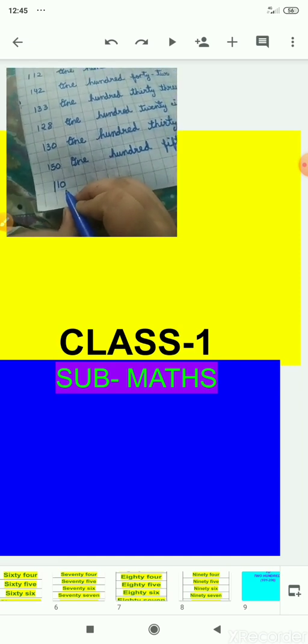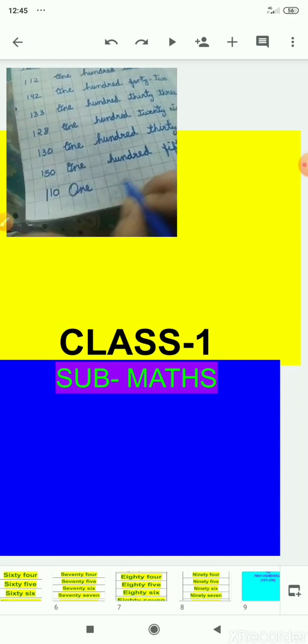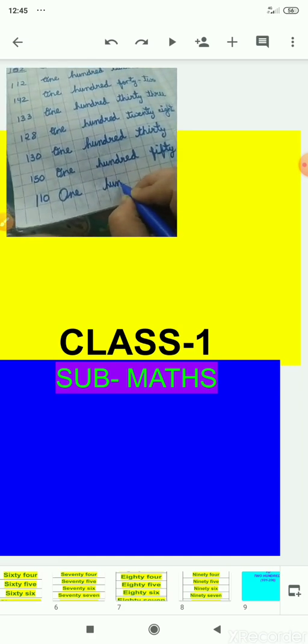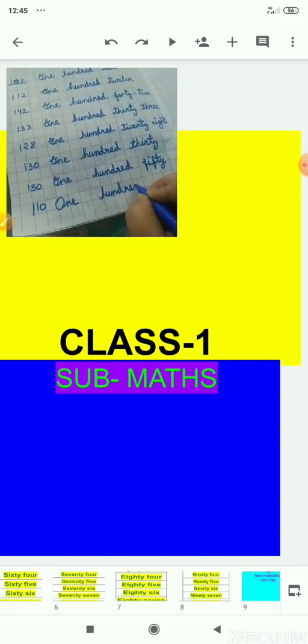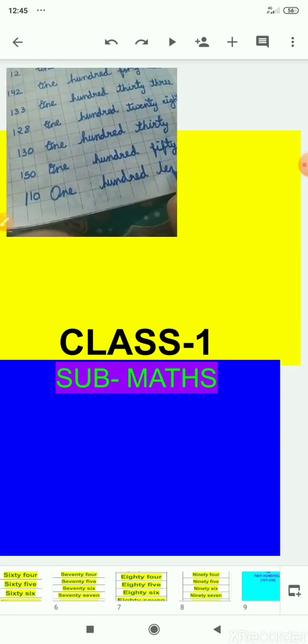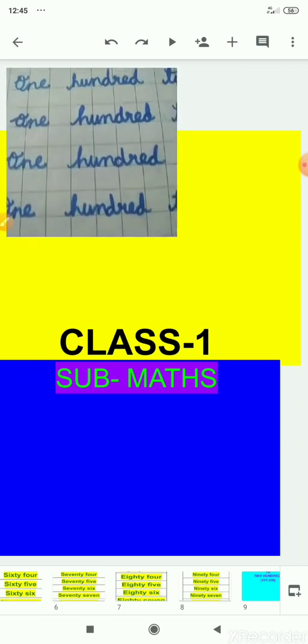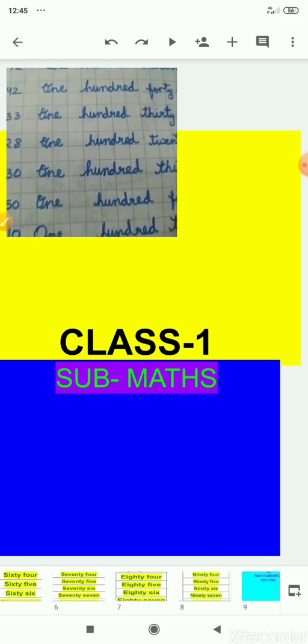Now at last but not least, our next number is 110. I think you have learned the spelling of 100 now, because we have written it so many times. TEN 10.